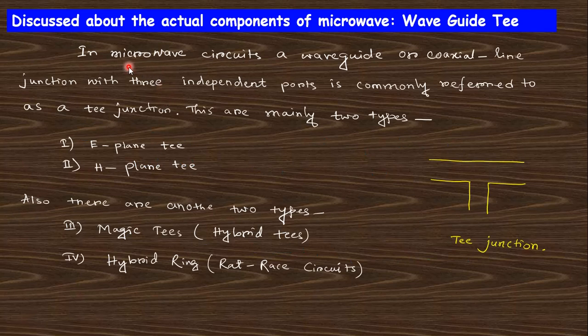A microwave circuit with a waveguide or coaxial line junction of three independent ports is commonly referred to as a T junction. That means when the microwave transfers from one point to another point through the waveguide or the coaxial line, there may be various junctions.